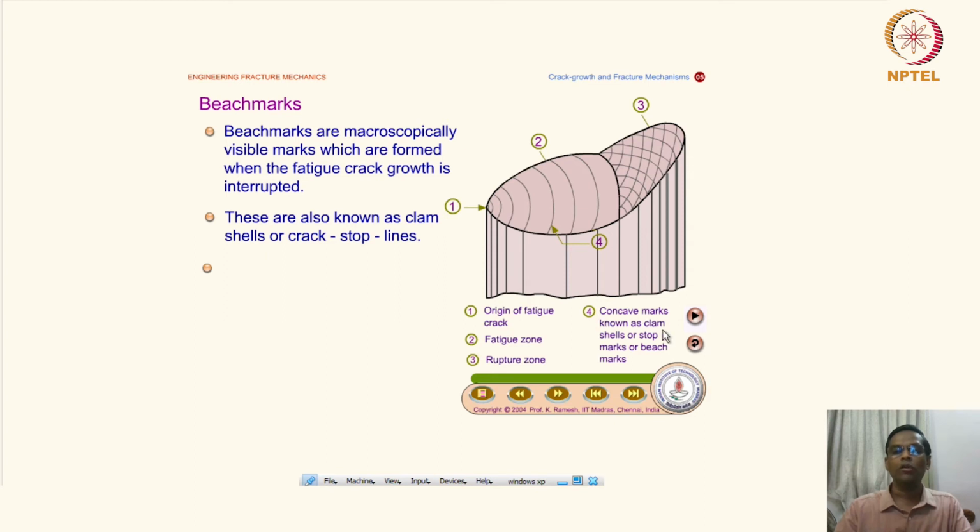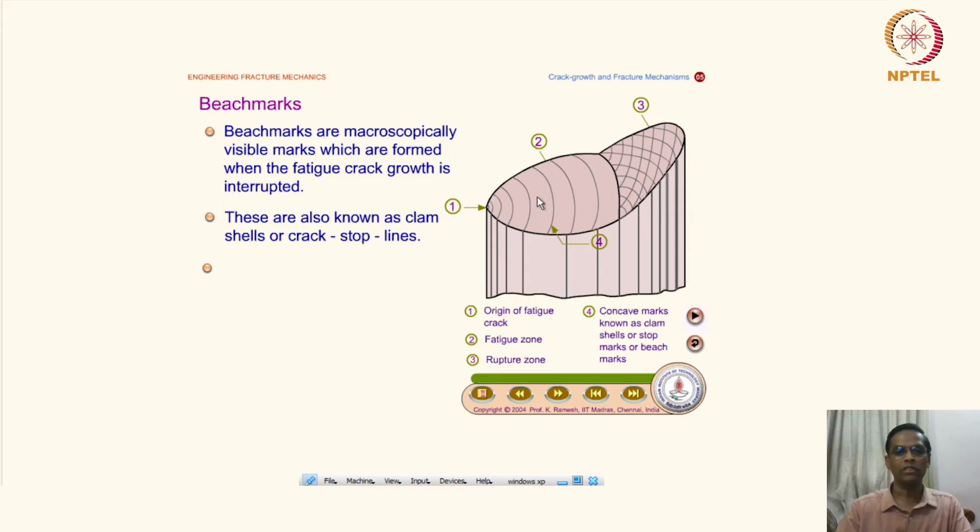Concave marks are known as clamshell or stop marks or beach marks. There are different names given to this kind of signature of crack growth, and these are also known as clamshell or crack stop lines, but you should not confuse this with striations.